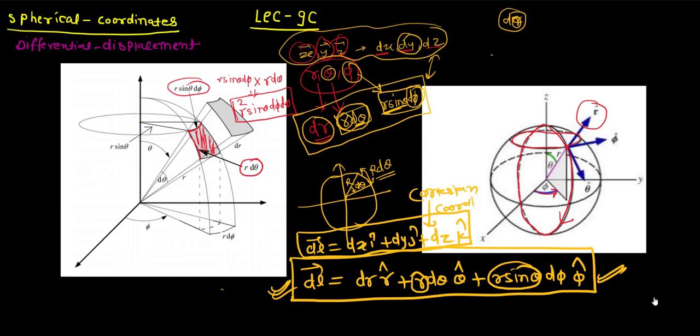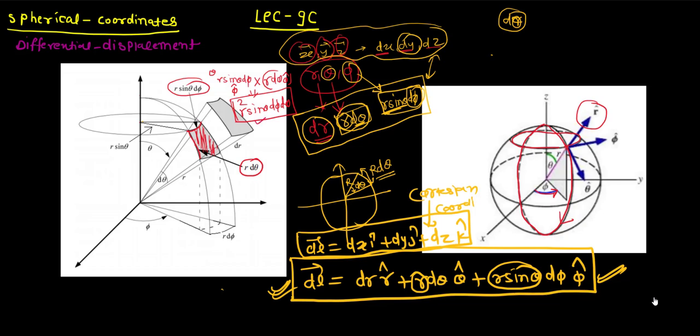So r sin theta d phi was in the direction of phi cap, and similarly r d theta was in the direction of theta cap. Now if you take the cross product, you will find the direction and the magnitude.